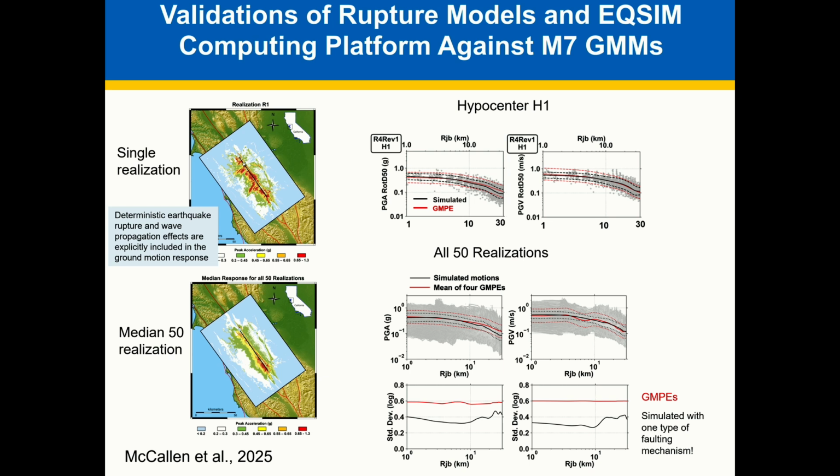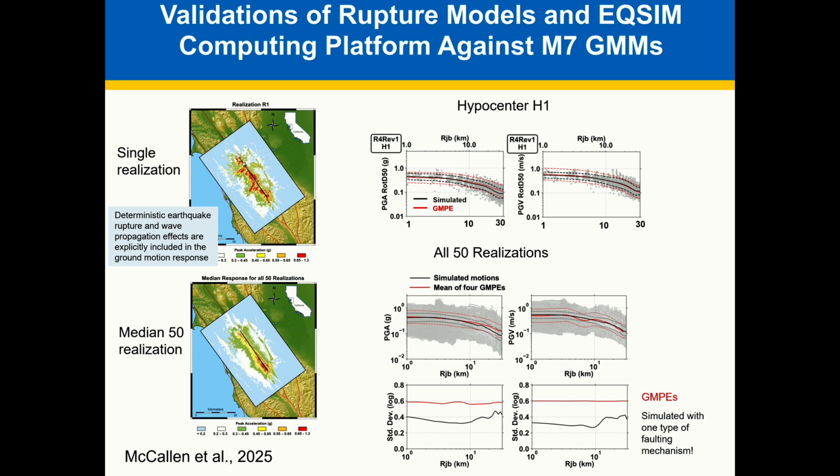But what I want to point out here in this figure is that the standard deviation that was predicted by the ground motion prediction equation is almost 0.6, and it's almost flat for the PGV, and has some changes in PGA. Our simulation is still low, but this is because we're just using several realizations of a single scenario.